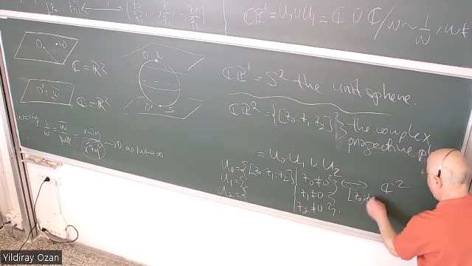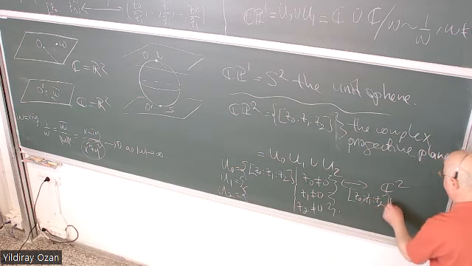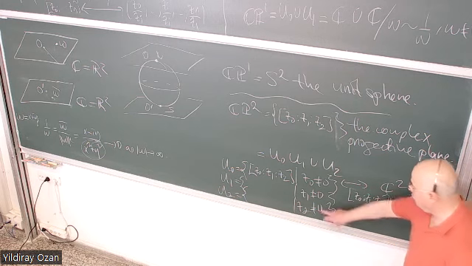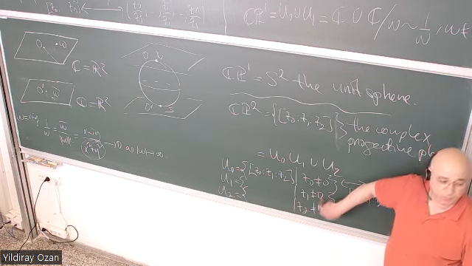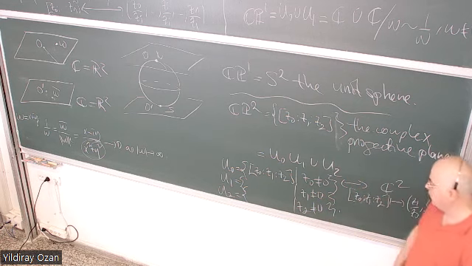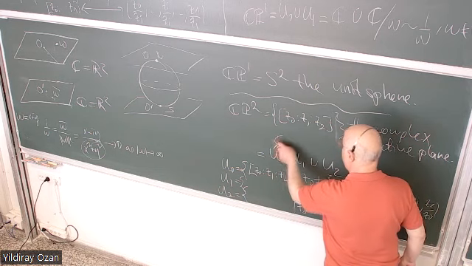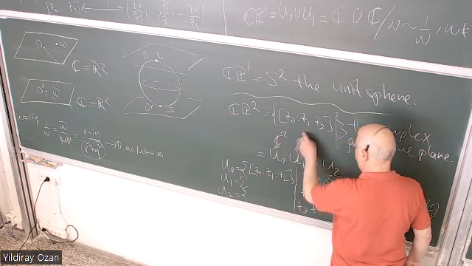Z0, Z1, Z2 is identified with the point Z1 over Z0, Z2 divided by Z0. And similarly, here you will divide by Z1, and here you will divide by Z2. So each of these is a copy of C2.